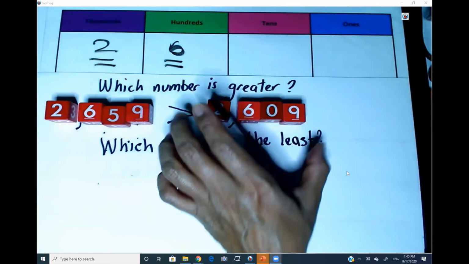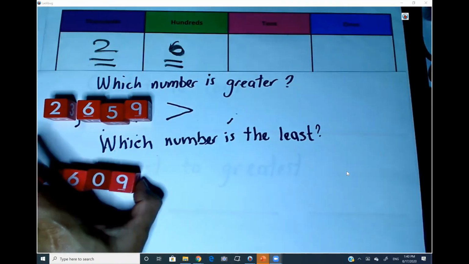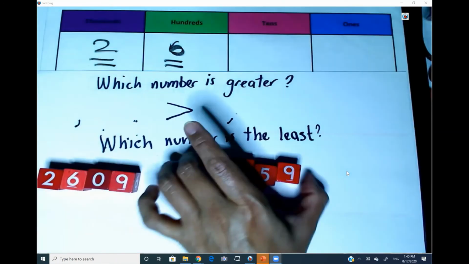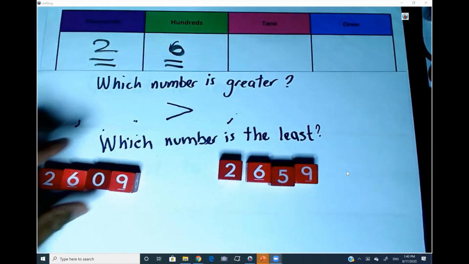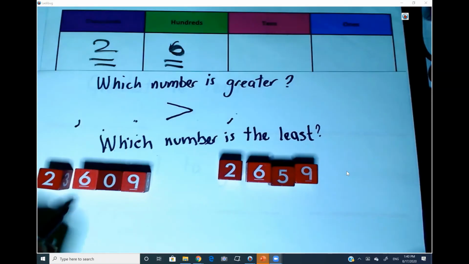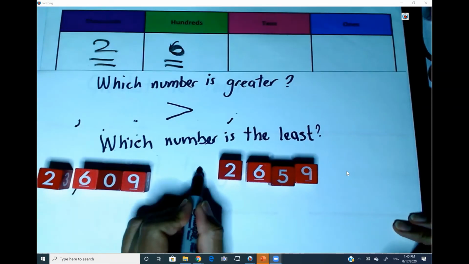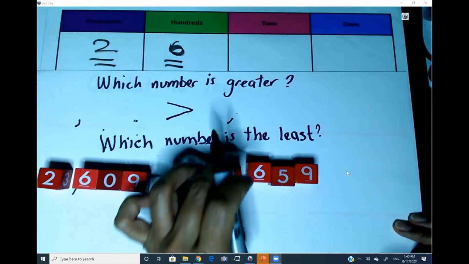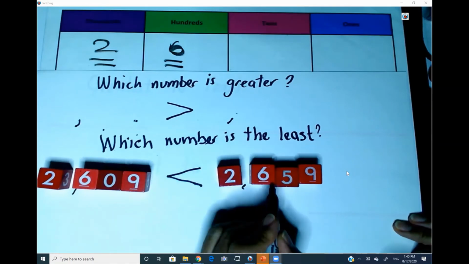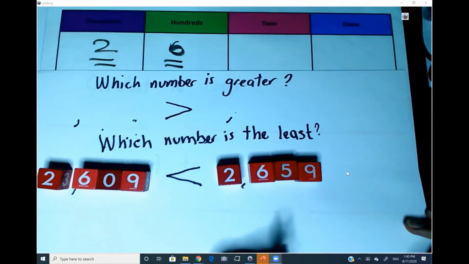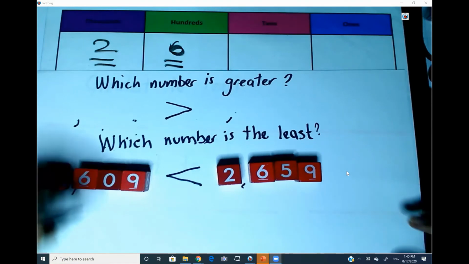Because I know this is the least, I'm going to put it first, and the other one on the other side. And now my sentence is going to be a little bit different because now 2,609 is going to be less than 2,659. Now I can do that in written form too, so I can write the numbers.